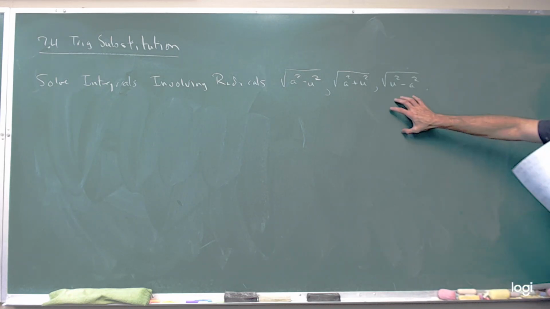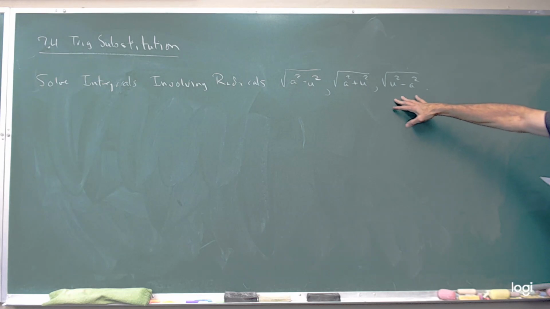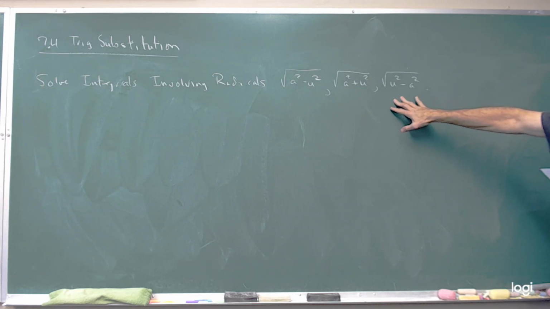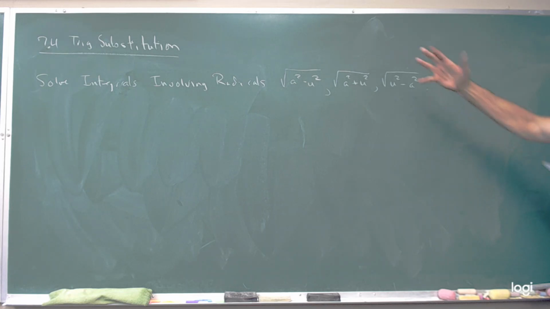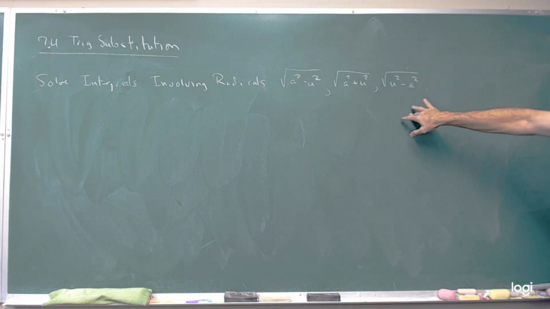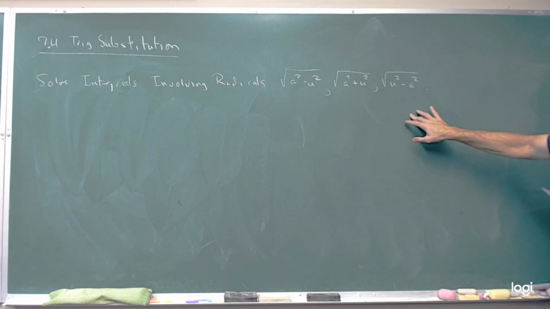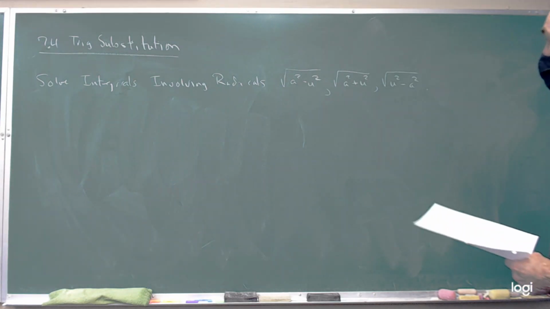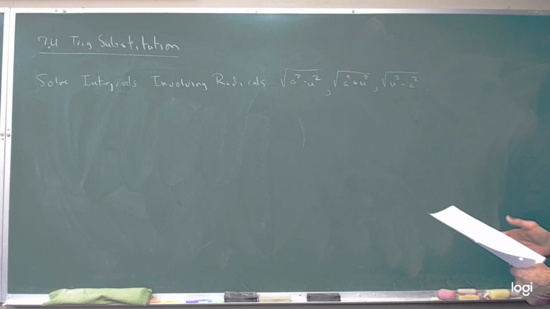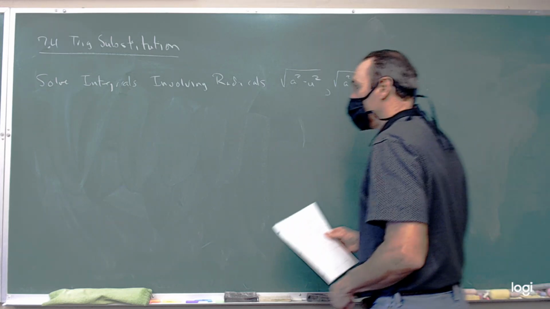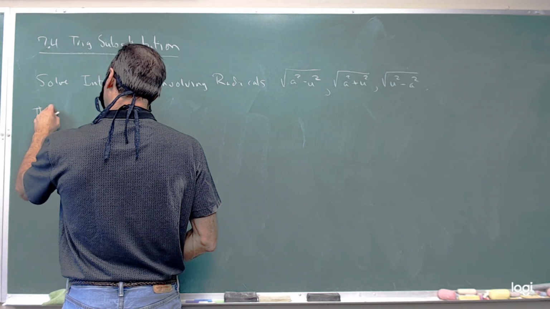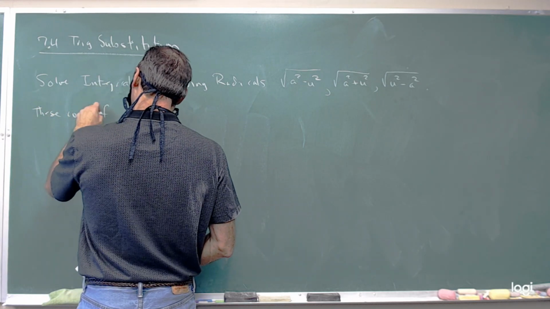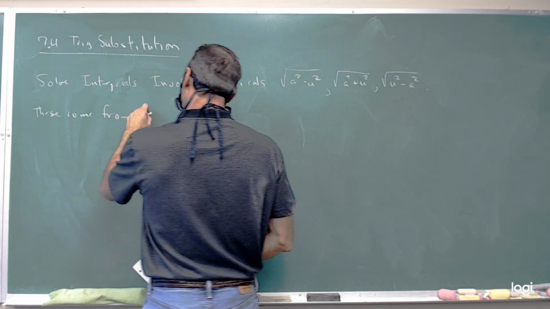These come from the Pythagorean theorem. Depending on where you put the a and the u in a right triangle, the third side would look like one of these things. That's the idea behind it. We're exploring these relationships, so we'll say these come from the trig relationships.